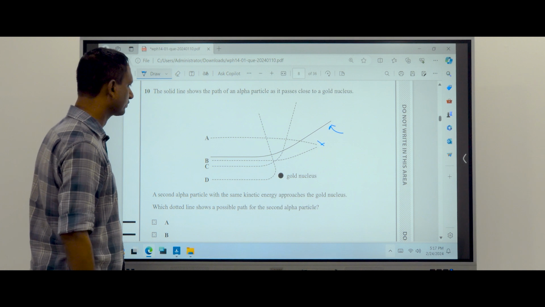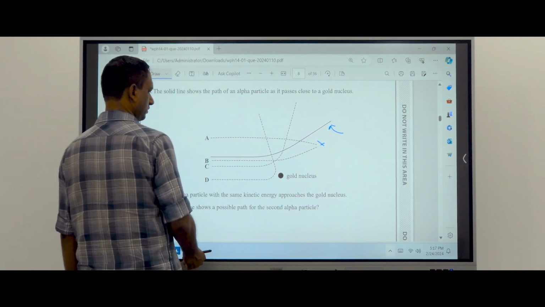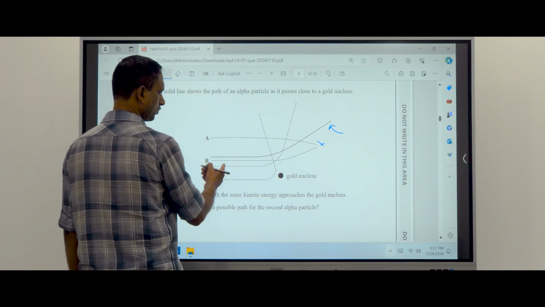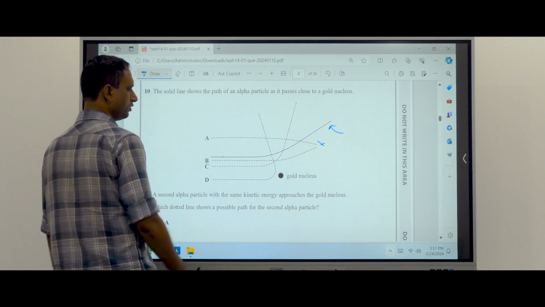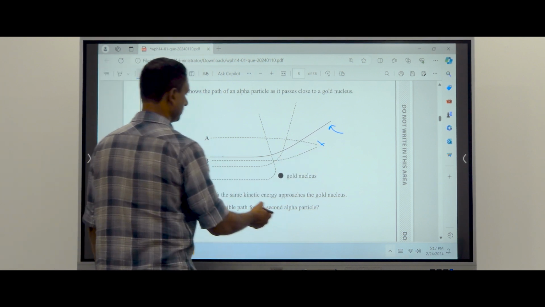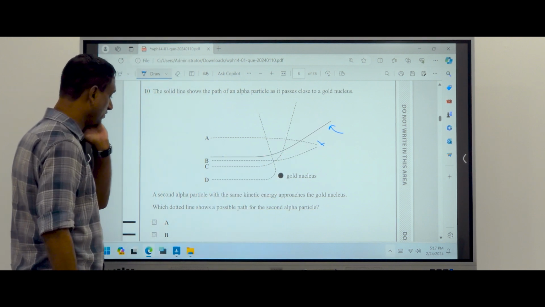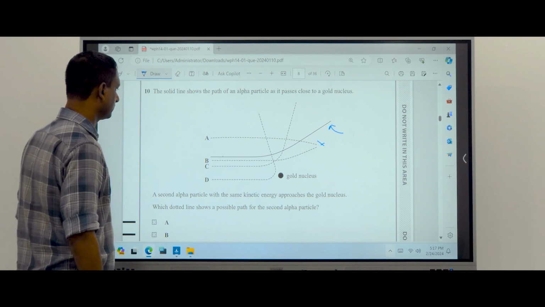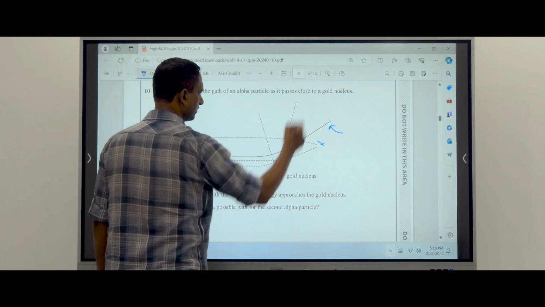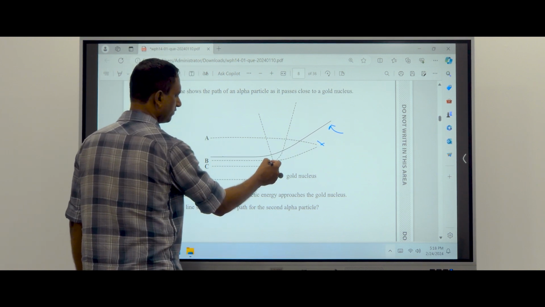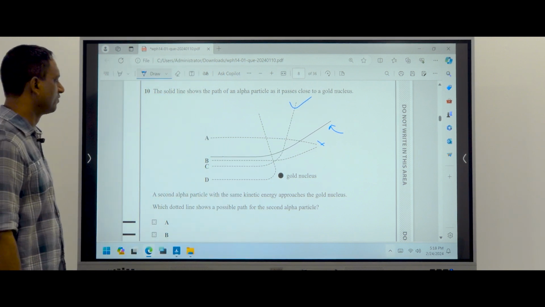B is deflecting, but B is closer to the gold nucleus than the original one. Therefore, it should be deflected more than the solid line. So B is wrong. C is closer than the solid line, therefore more deflection. This is correct. But why is D wrong?